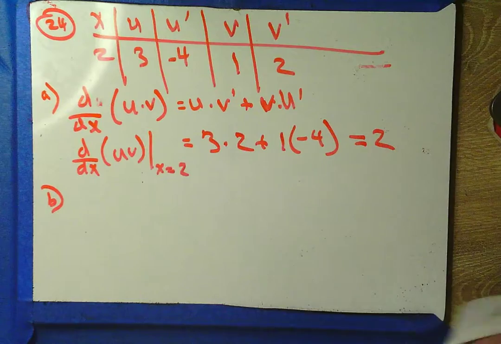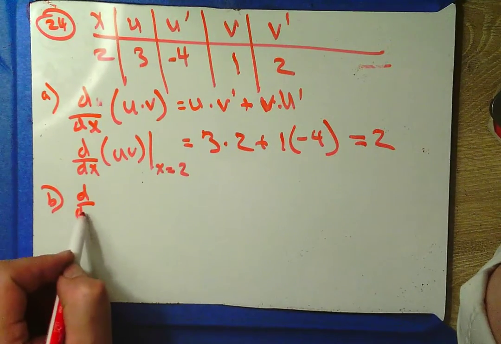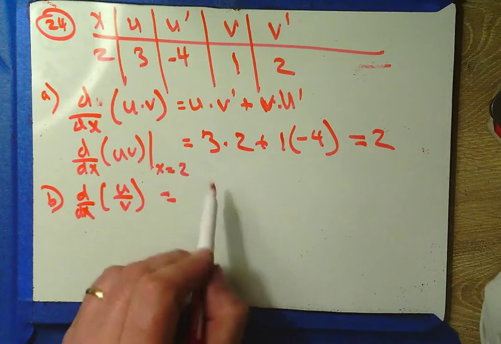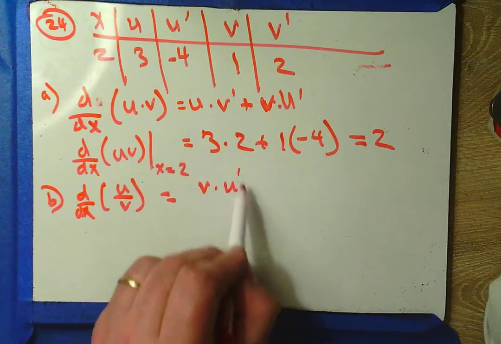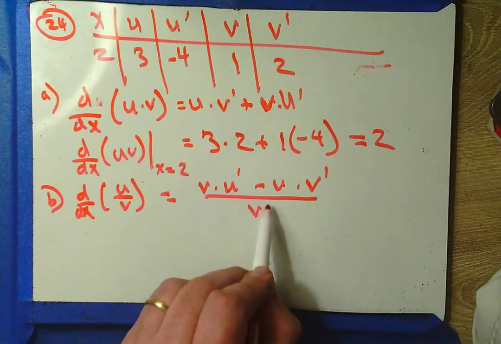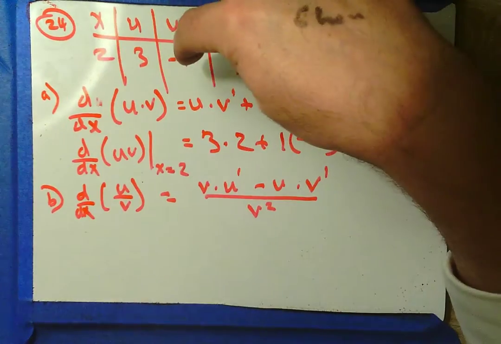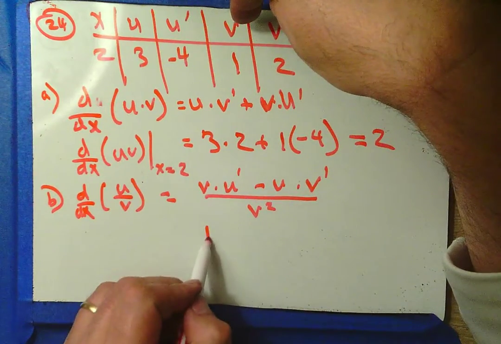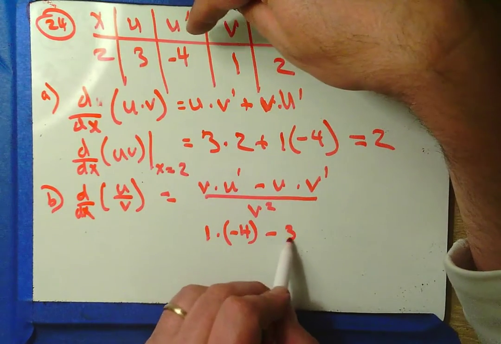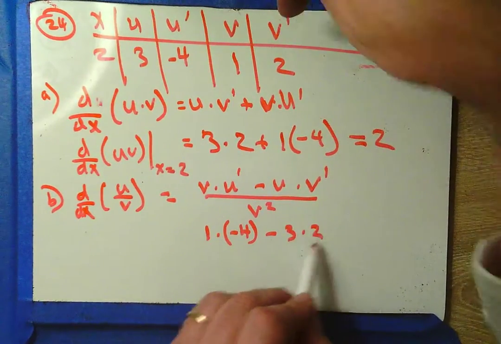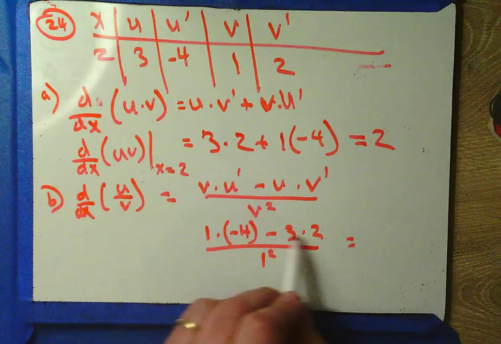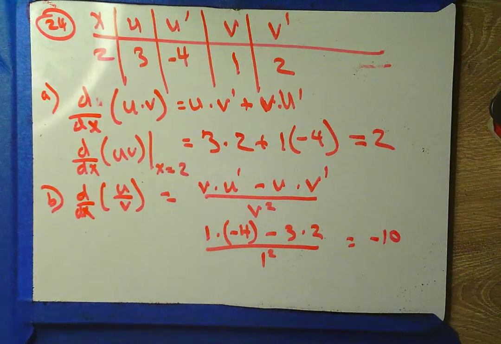Quotient rule, u over v. The derivative with respect to x of u over v. Well, we know that derivative will be low d high minus high d low all over low squared. And so when we evaluate this derivative, we'll plug in our v, we'll plug in our u prime, minus our u times our v prime, all over v squared. So I get negative 4 minus 6 is negative 10.